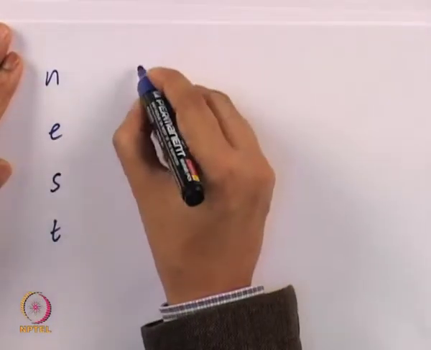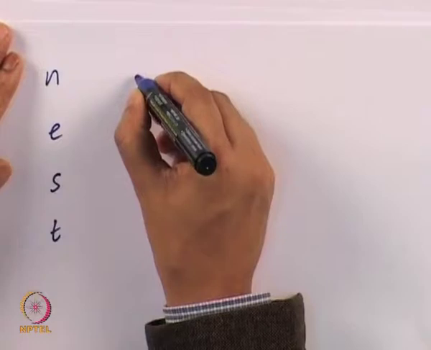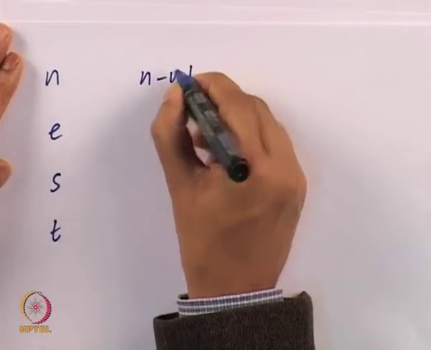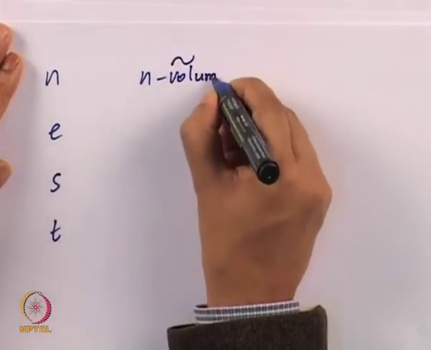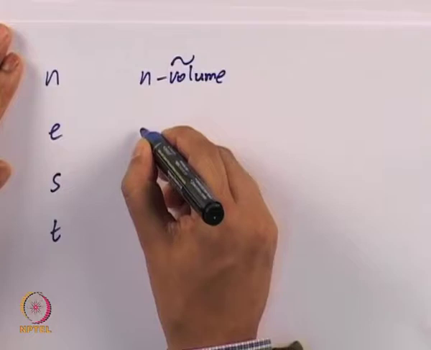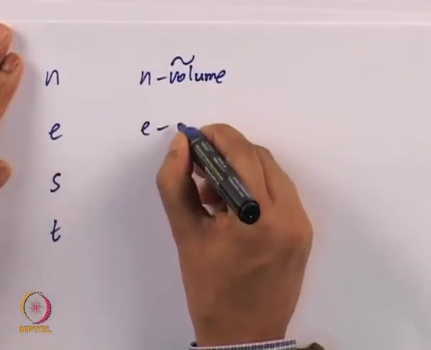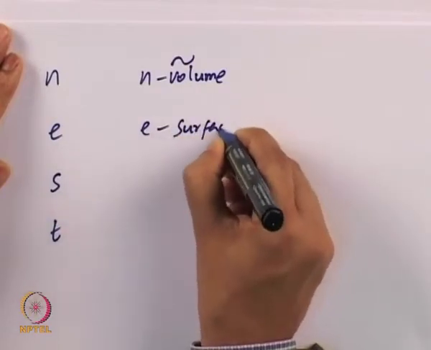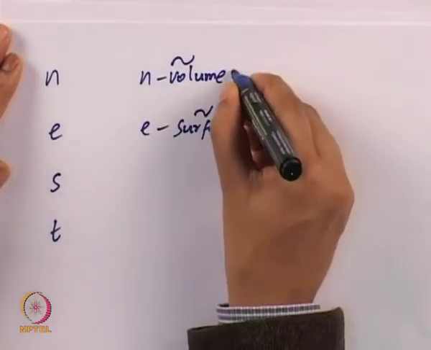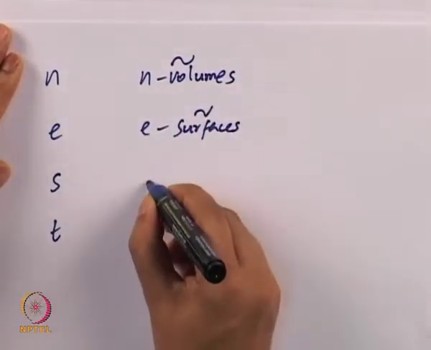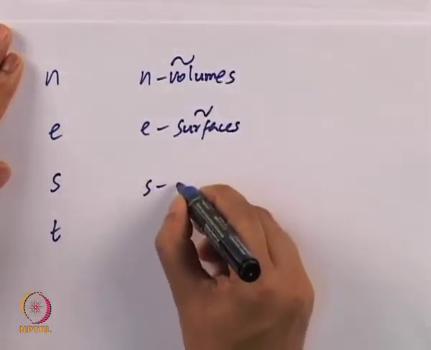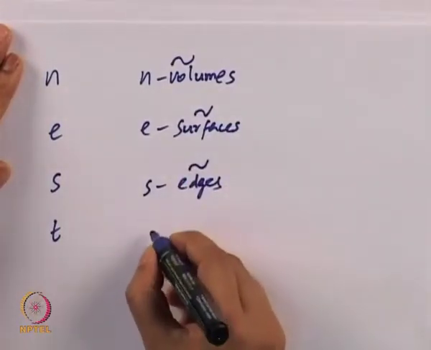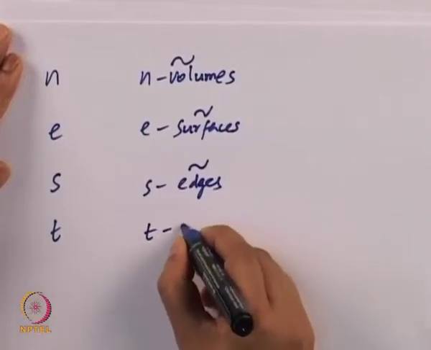The dual case will have the number of dual volumes also equal to n. So I put a tilde on top of it. We will have e number of dual surfaces, s number of dual edges, and t number of dual nodes.